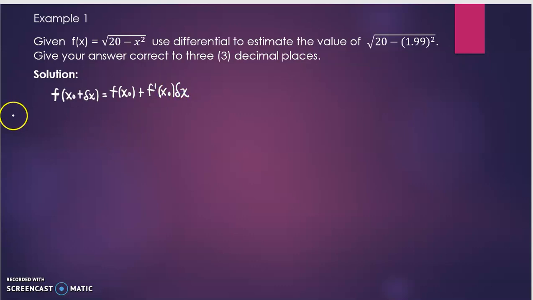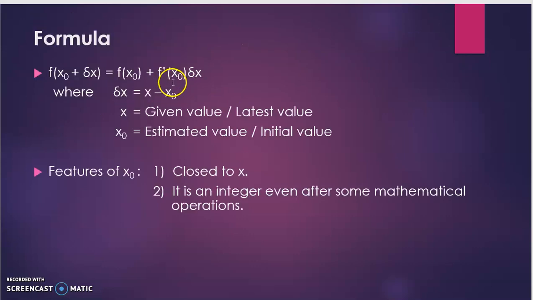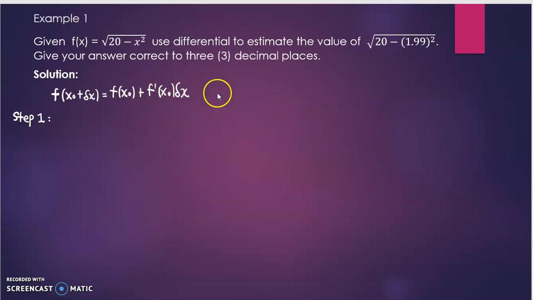In step 1, we will try to determine the value of x and x0. If you still remember from the previous slide, x is the given value, x0 is the estimated value, and x0 must be an integer. Let's look at this example. The given value here is 1.99, and 20 is a constant given in the question.